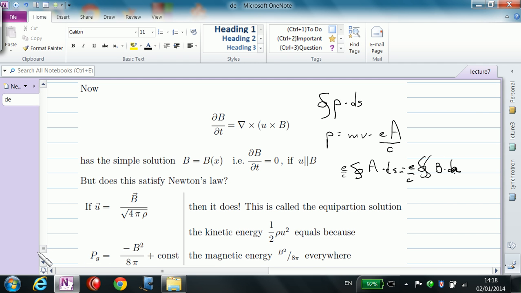So if P is proportional to 1 over ds, and by the way mv is a constant and it's parallel to ds, because we're integrating around the path of the particle.